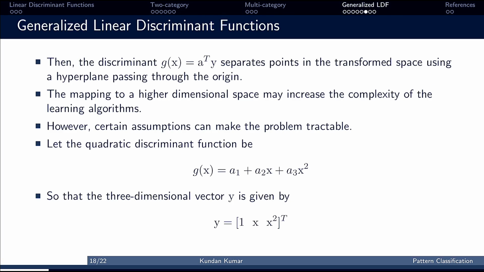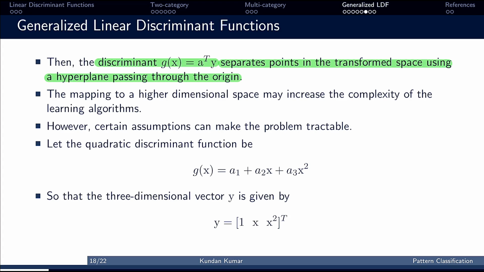So the discriminant function g(x) equals a transpose y separates points in the transformed space using a hyperplane passing through the origin. That means, in the d-dimensional space our decision surface is not linear anymore, it is a function of x.